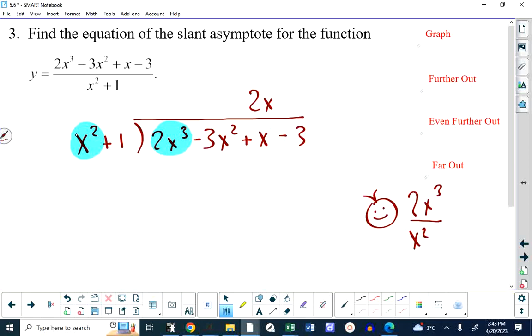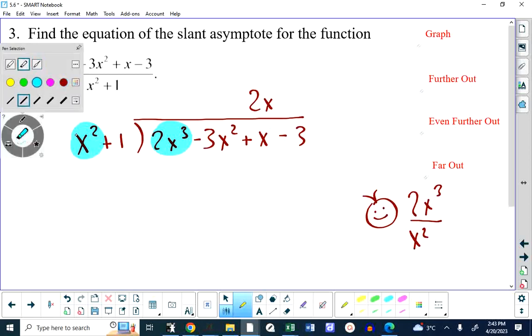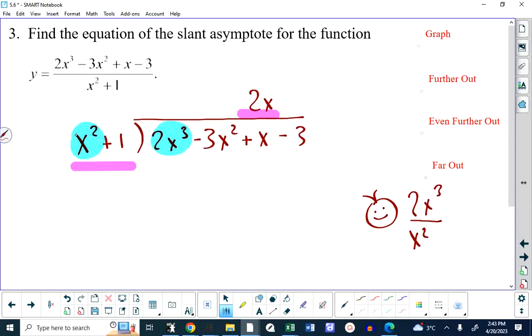Now I multiply the quotient by the whole thing. I ignore that 1 to begin with, but now I multiply. So I go 2x times x squared, which is 2x cubed, and then I have 2x times 1, which is 2x, and I put it in the column that things are lined up with.